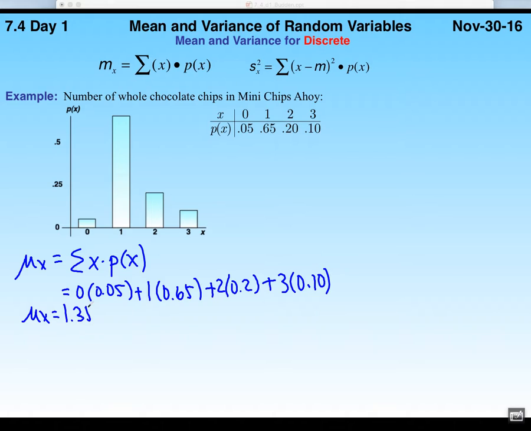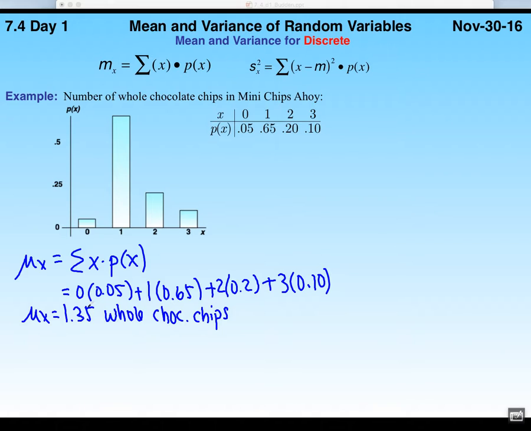That ends up being 1.35 whole chocolate chips. So on average, we expect about 1.35 whole chocolate chips in mini Chips Ahoy. Don't round up. You can't have 1.35 whole chocolate chips, but you leave your answer like that.